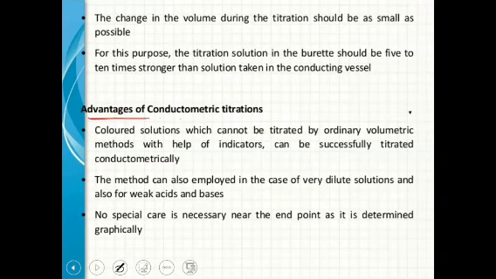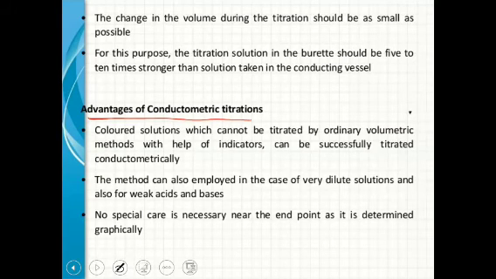Here are some advantages of conductometric titrations. What are the advantages of conductometric titrations? When you use colored solutions, they cannot be titrated by the ordinary volumetric methods.